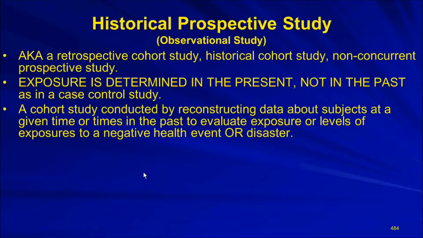Now, that doesn't mean a lot to you, I know, but we're going to select people in the present, and then we're going to look back to see what they were exposed to, and then what is the current effect on the individual. Okay, if you keep that in mind, you got it.